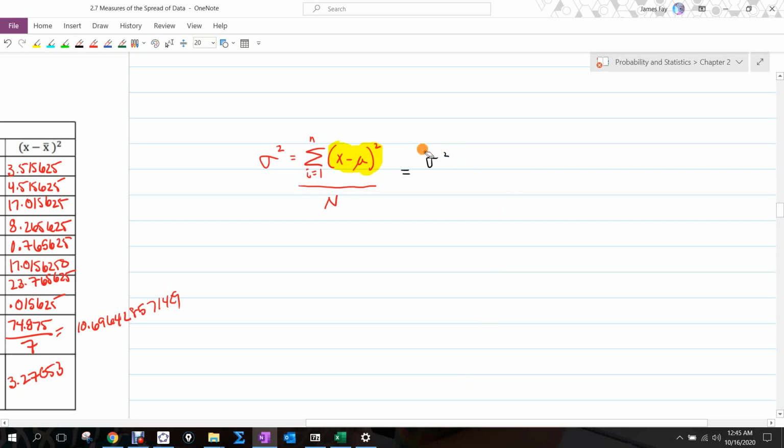I'm going to rewrite the right-hand side. The sum now of i equals 1 to n. Now remember what x minus mu squared is. X minus mu squared really means x minus mu times x minus mu.